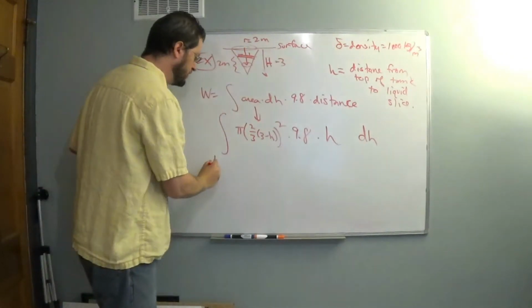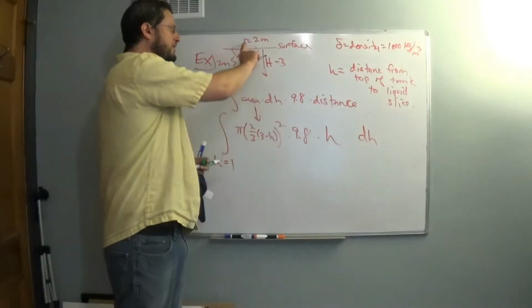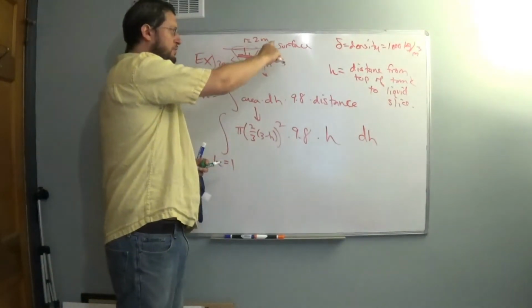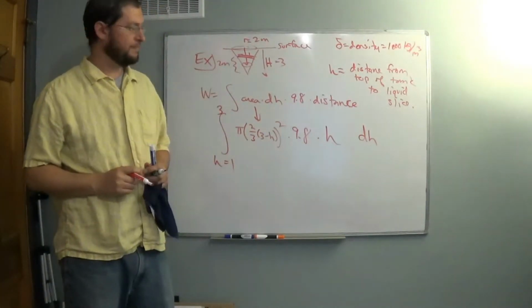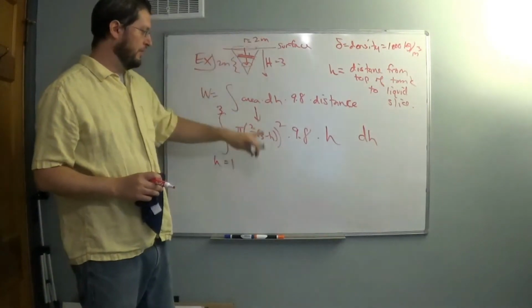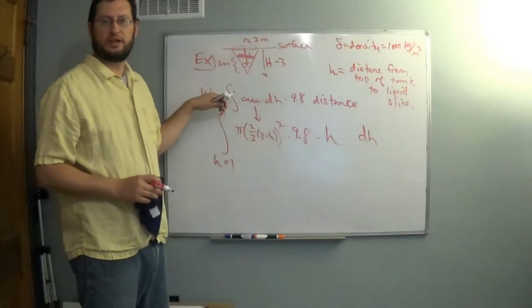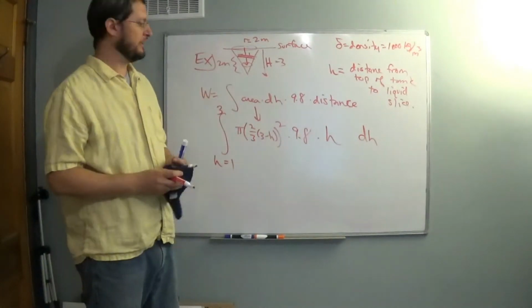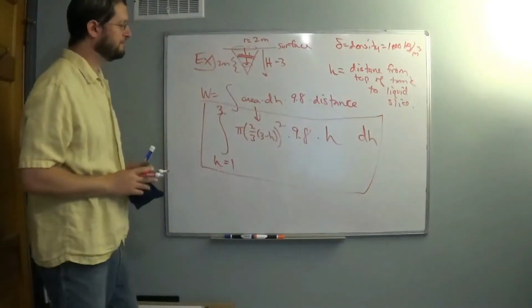So the very first h is 1. The very last h is down at the bottom of the tank, which was 3 units down. So the very last h is 3. If we would have chosen a different variable, this would look different, and these limits would look different. But they'd give me the same result in the end. But that's the final answer.